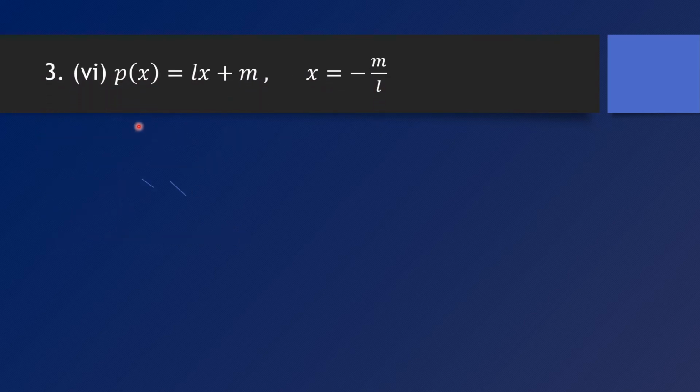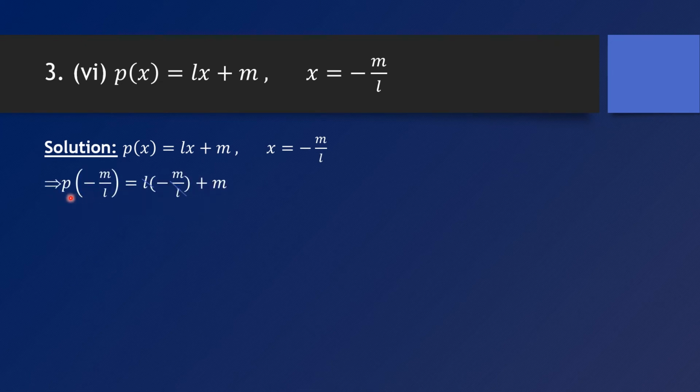Now come to question number 6, that is p of x is equal to Lx plus m. Here, in place of x, we need to put minus m upon L. So we'll try putting it. P of minus m upon L will be equal to L into minus m upon L plus m.